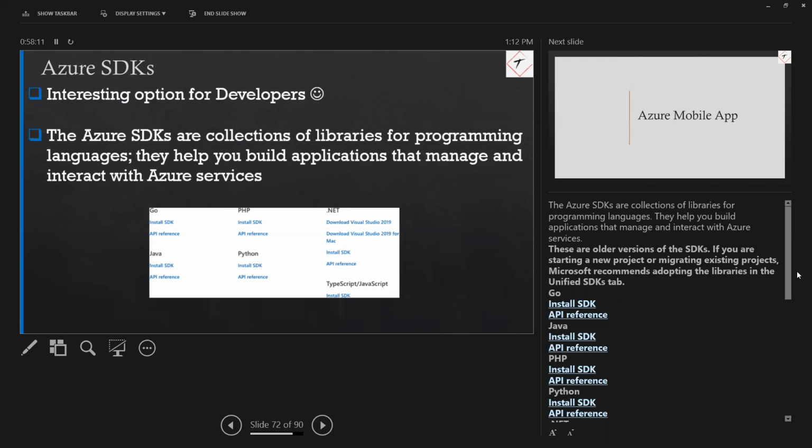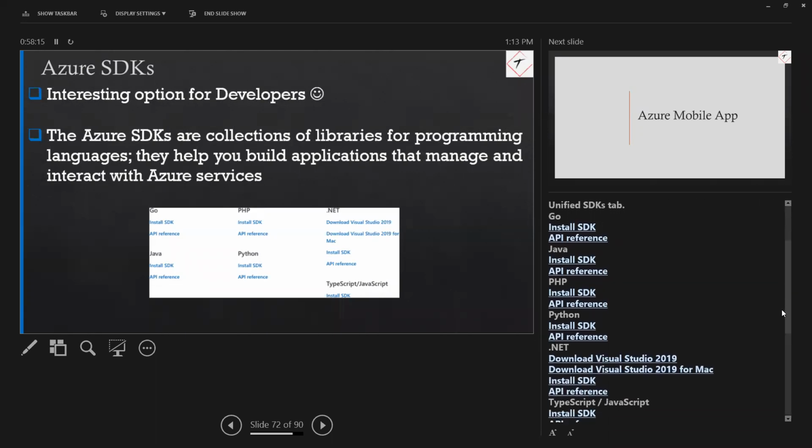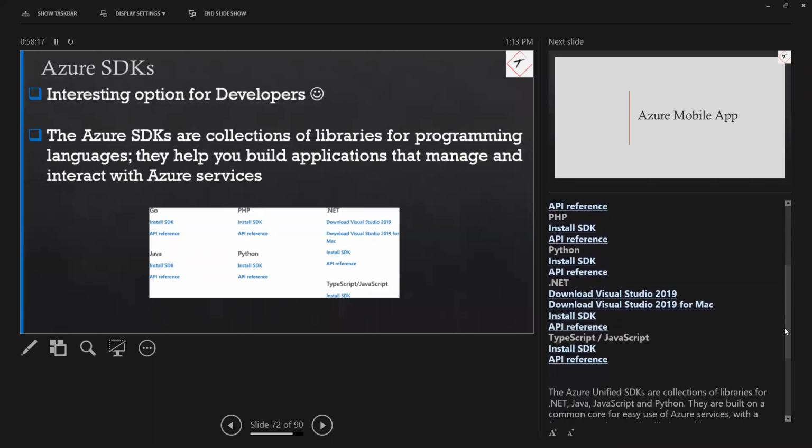You have SDK APIs for Java, PHP, Python, Microsoft .NET, and also TypeScript or JavaScript. So you have a lot of different libraries available, and you can use them to interact with Azure services and also to manage them.